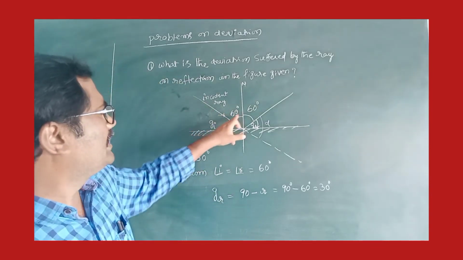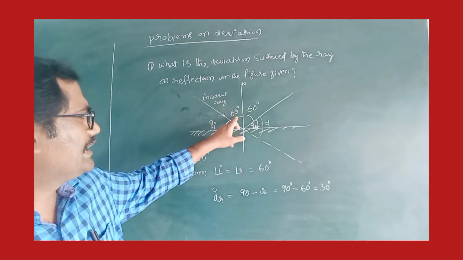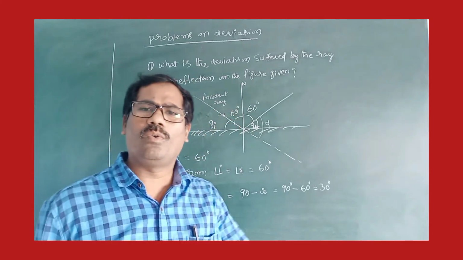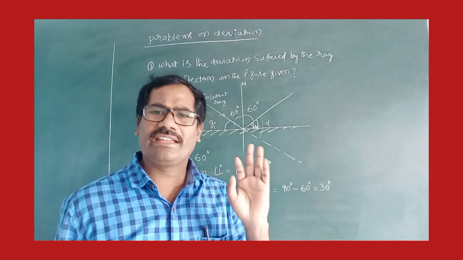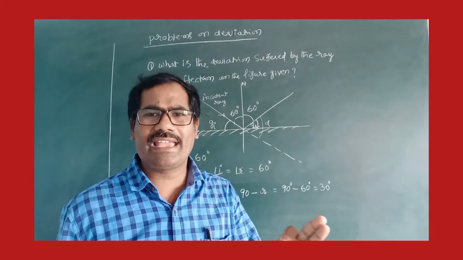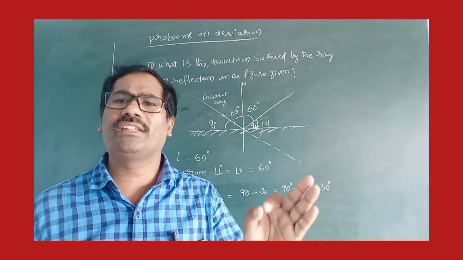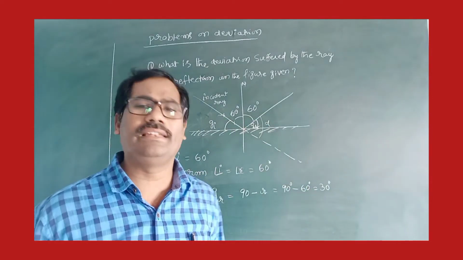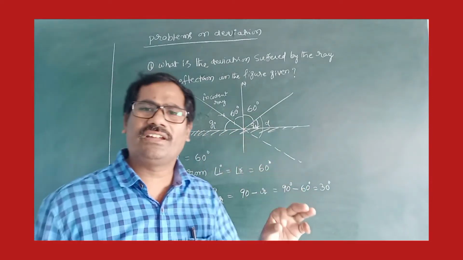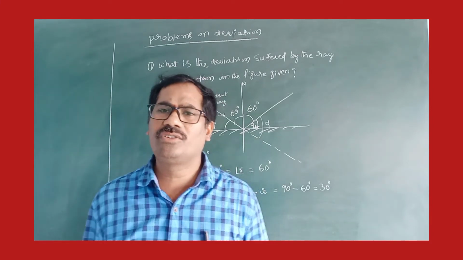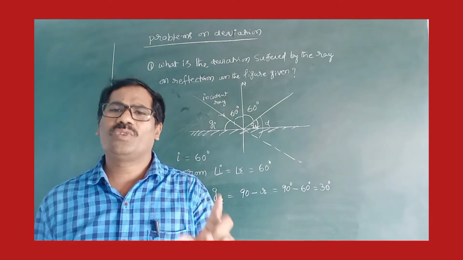This figure is given for an incident angle of 60 degrees. What is the reflection angle? What is the glancing angle of incidence? What is the glancing angle of reflection? What is the deviation angle? To find the deviation angle, D is equal to 180 minus 2i.